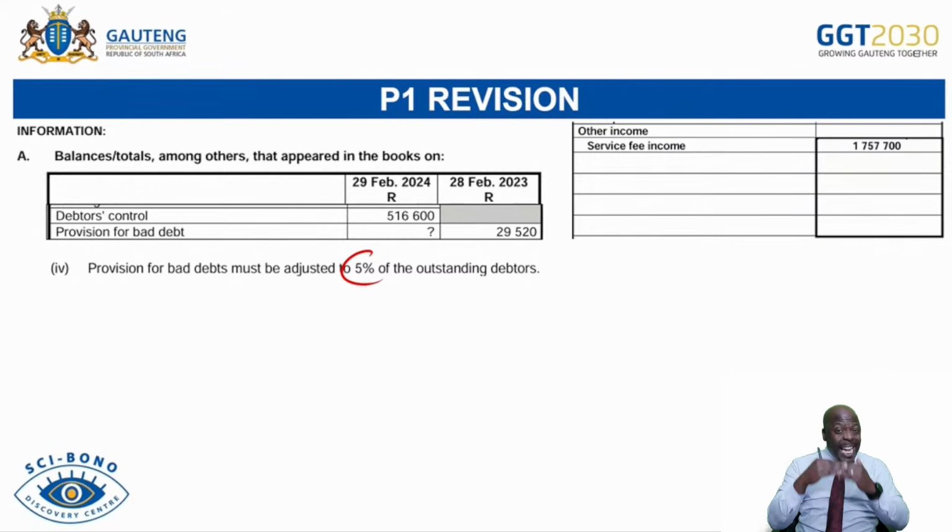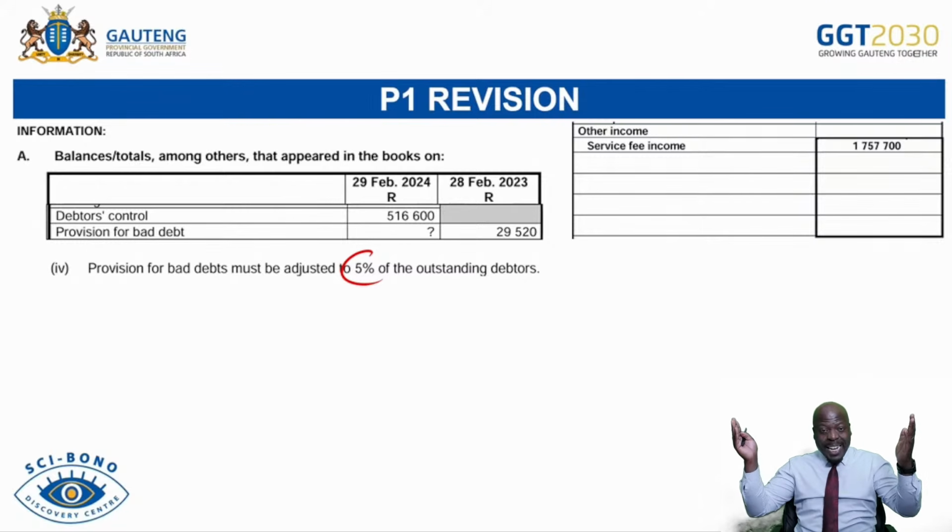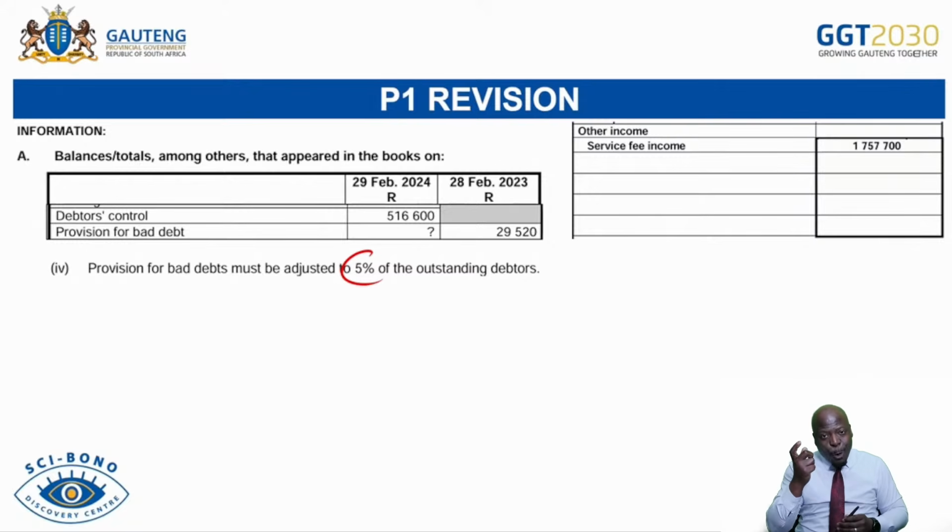Then you come to the provision for bad debts. So you have to do your adjustments in a particular order, whether you're given a statement of comprehensive income or the correct net profit calculation, if you are going to calculate this percentage and there is an amount in the trial balance.